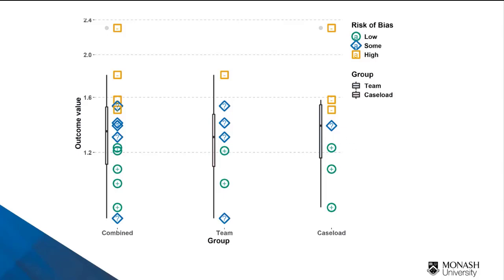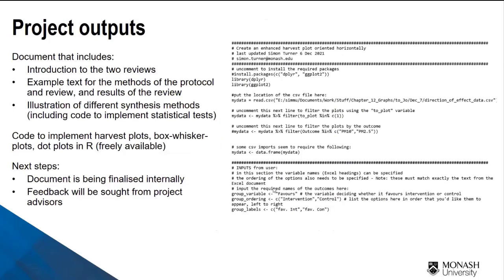Thanks, Simon. So I'll wrap up then. So in terms of the document that we are writing, which is being finalised internally and is very close to completion, what it's going to include is the introduction to these two examples, example text for the methods of the review in terms of the protocol and the review, and also suggested text around the results of the review.